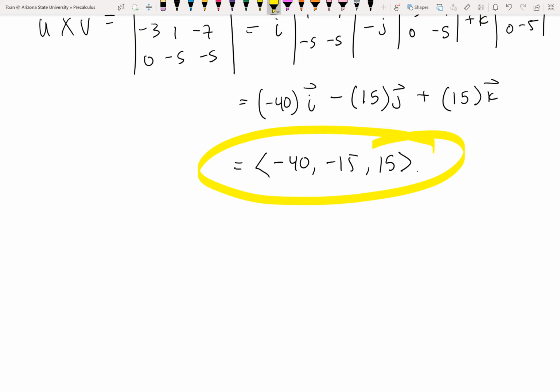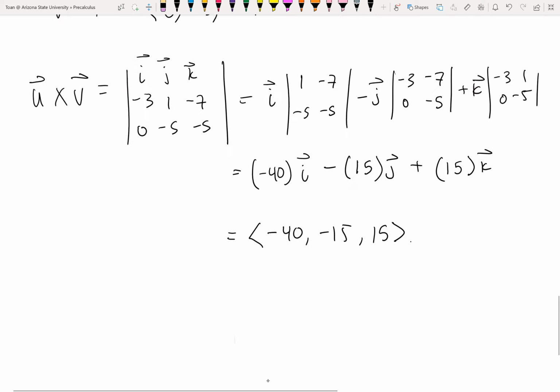So you could multiply this vector by a non-zero constant and technically produce the same answer. If you divided everything by 5, technically the vector <-8, -3, 3> is also perpendicular to the plane. If I multiply it by -1 and get the vector <40, 15, -15>, that technically is the right answer as well.